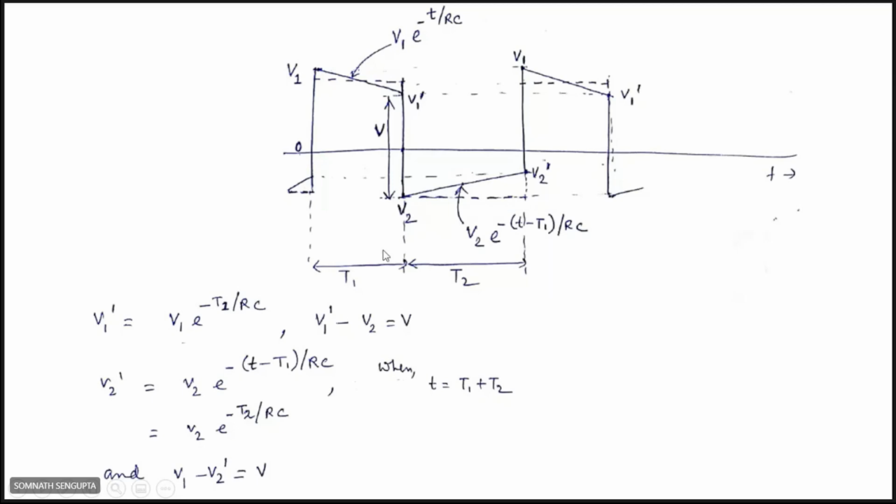So the initial voltage is V2, and at this point V2 dash is equal to V2 into e to the power minus (t minus T1) by RC, because now it is delayed by T1 amount. If you consider the origin at t is equal to 0, this value will be delayed by t minus T1, so that it starts from here, t is equal to T1. So this is the value of V2 dash.